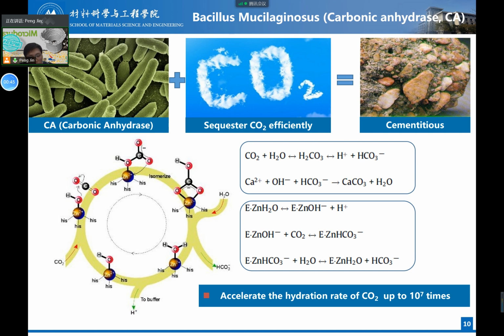From another point of view, the negatively charged bacteria bond with the calcium ions in the solution, which could provide independent nucleation sites to promote the formation of calcium carbonate.